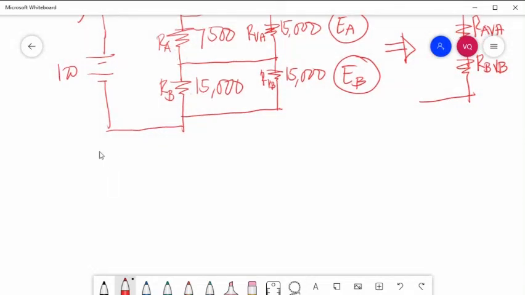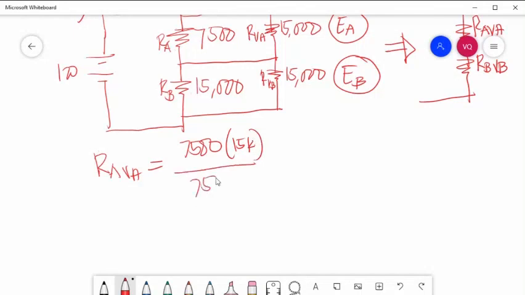Now, we will solve RAVA. So it is just the parallel, 75 times 15k divided by 75 plus 15k.